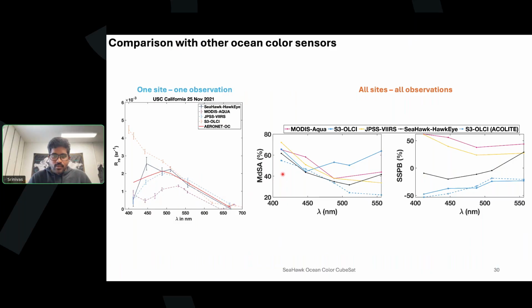For example, we reprocessed all the Sentinel-3 OLCI data with ACOLITE, another atmospheric correction method, and we can observe a reduction in the error by this dashed plot, which is MDSA for the Sentinel-3 OLCI ACOLITE, as compared to the standard blue line of the OLCI. So if we choose a better atmospheric correction method, we can also improve Hawkeye's remote sensing reflectance products. That is something which I am working towards in my next project.